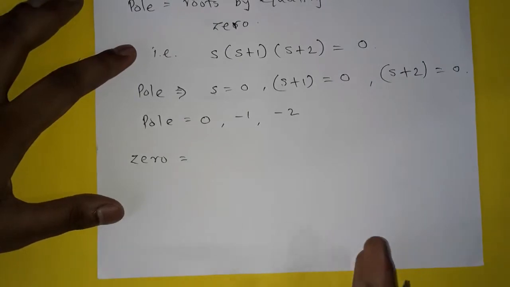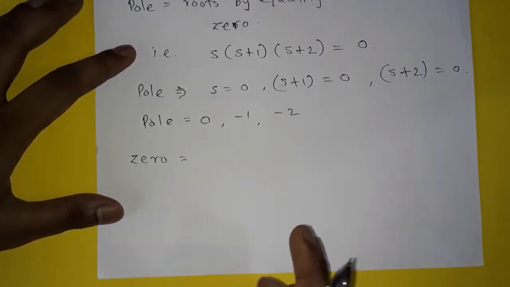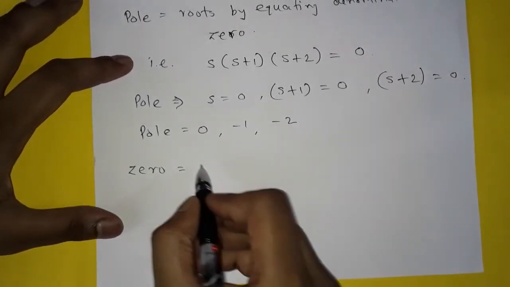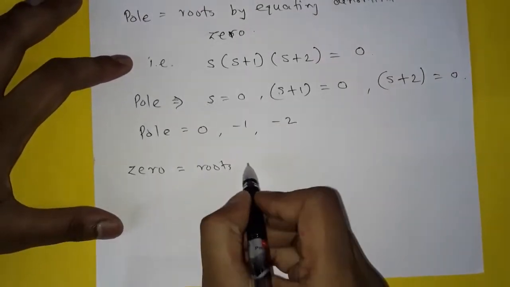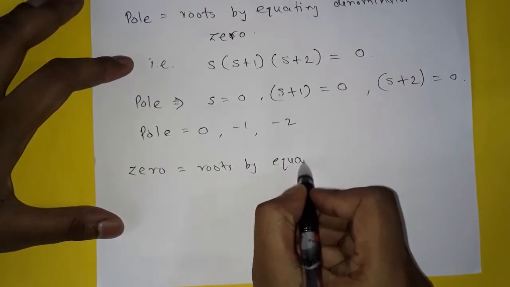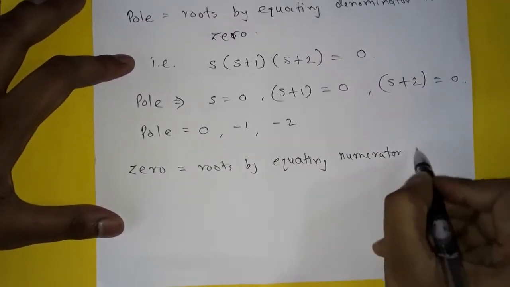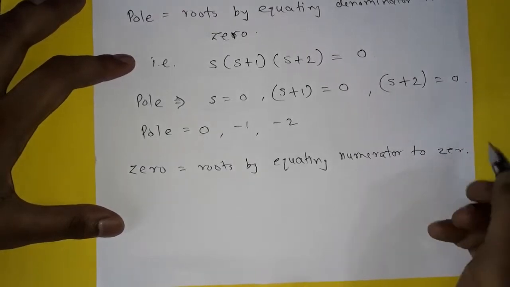Next is the zero. Zero is obtained by equating the numerator to 0. Here zero means roots by equating the numerator to 0.